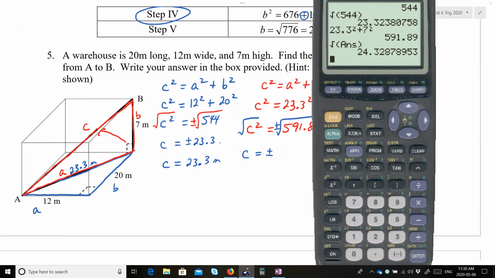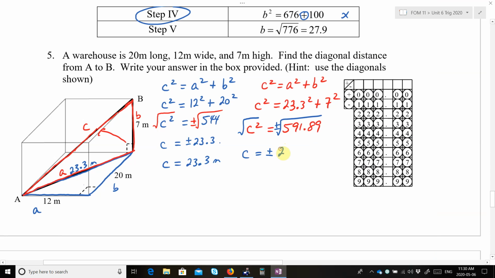And we get 24.3. So C would be equal to 24.3 meters. And I noticed in the answer key they're getting 24.4.